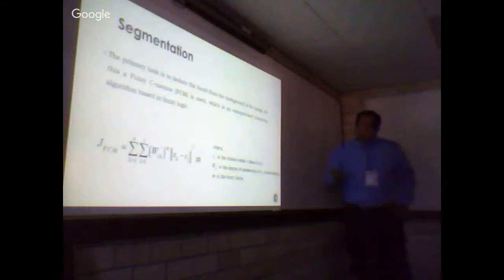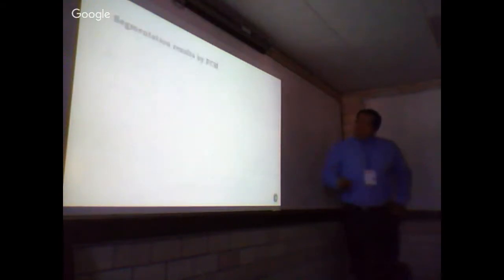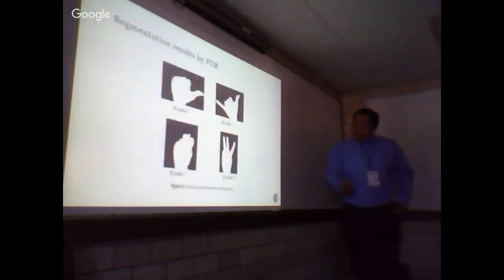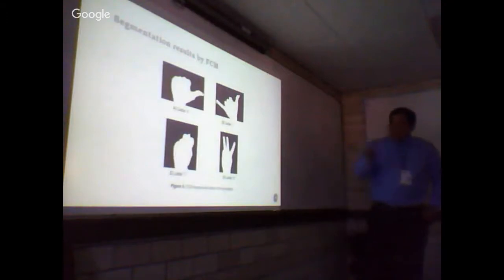The results of segmentation can be seen in figure 5, where we see the letter A, the letter Y, the letter T, and the letter W segmented very well from the background. This image is binarized for the next block.